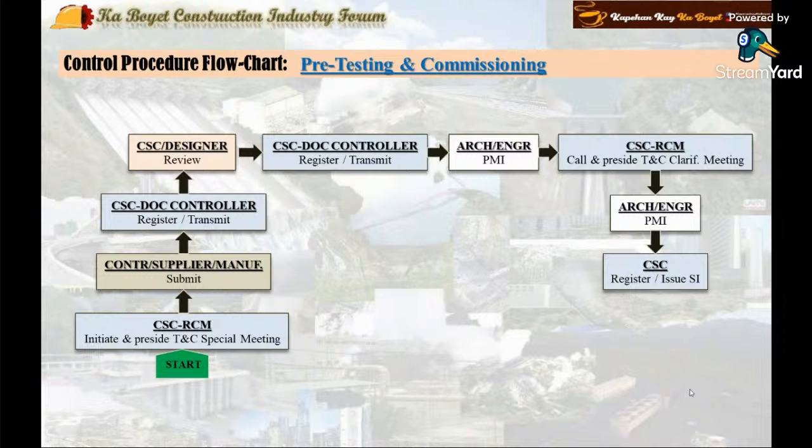The consultant resident manager reviews the PMI as well as the SI and then signs the SI for distribution to the corresponding parties concerned. The output would be a formal SI plus a PMI.